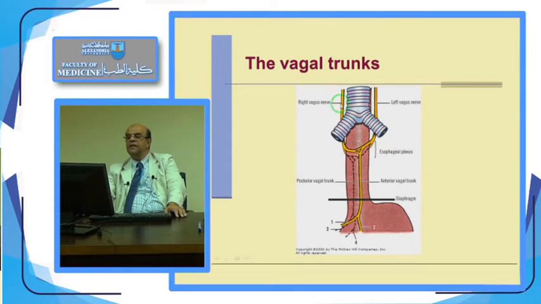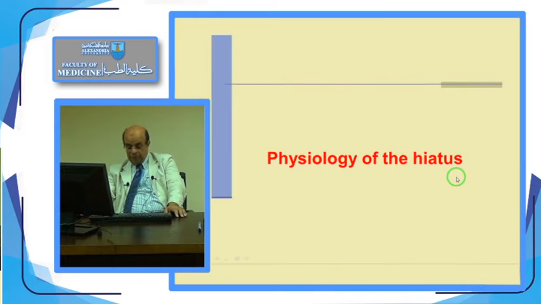Okay, this is the right vagus, which gives the posterior vagus, the left vagus, which gives the anterior vagus, and then they will give the hepatic branch and celiac branches after that, as we will see.